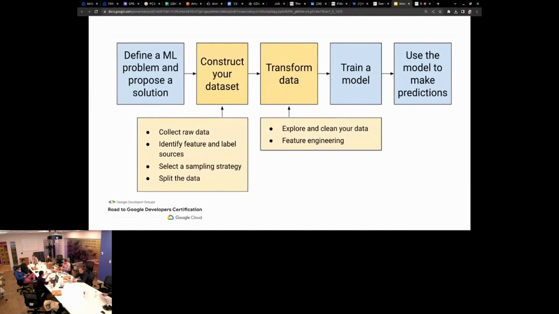The sampling strategy comes in handy because you don't want to use all of the data if you have a giant data set. And for splitting the data, you are considering having some reserve for testing and validation. And then after doing all of it, you also need to be able to transform this data. This is when you know what features you are looking for, but you want to be able to apply those transformations to gain those features out of your raw data on the go. And that makes your input ready for your model.